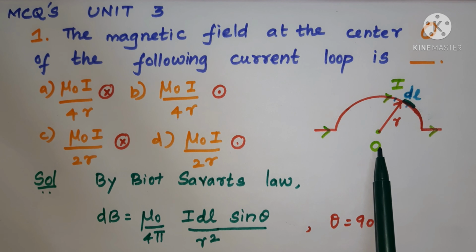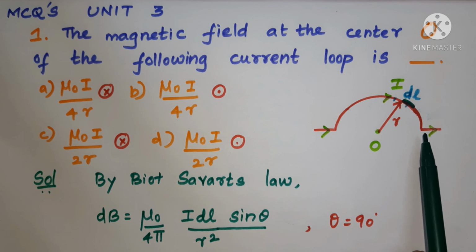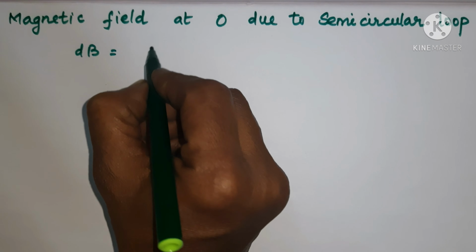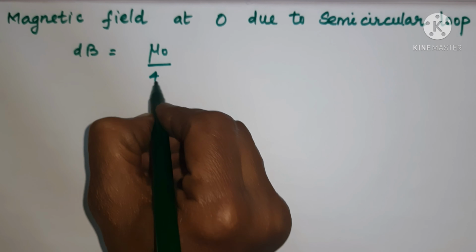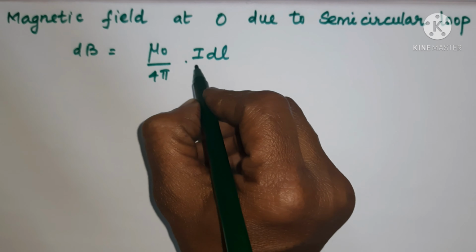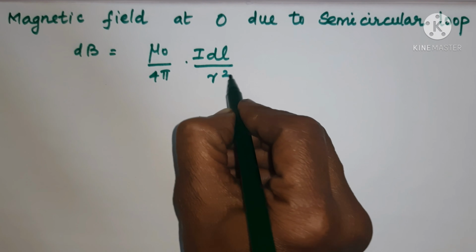Now, we have to find the magnetic field at O due to the semicircular loop. dB is equal to mu naught by 4 pi into I dl divided by r square.